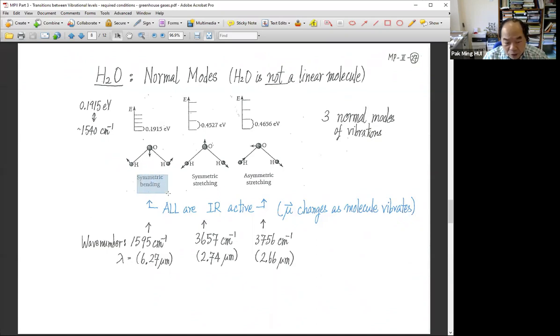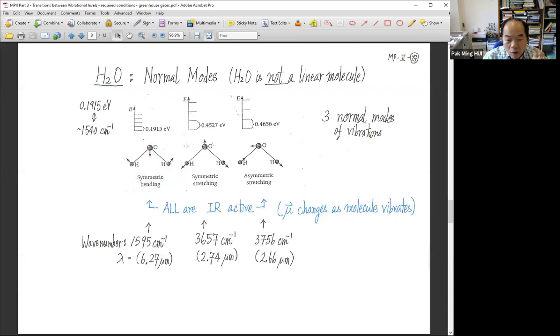And now, look at all these normal modes for vibration. You have this symmetric bending, but now not on a line, all right? Now, do you see that this is slightly negative, this is slightly positive. So when this is vibrating, the electric dipole moment is changing, okay?